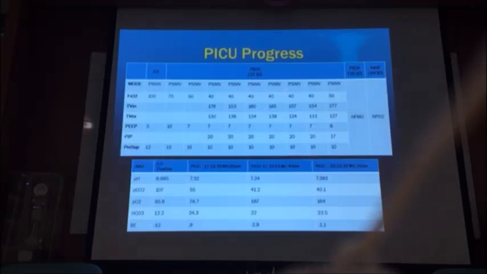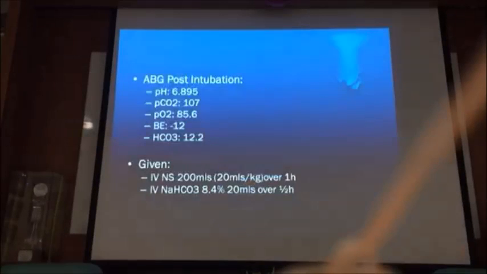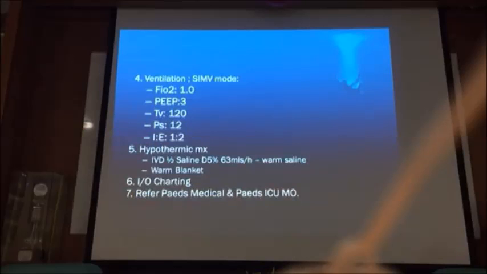You give high PEEP in this patient, due to the atelectasis. Then FiO2 high, and you must also increase the ventilation rate. Let's go to the ventilation mode. Yes, Ibrahim. Increase the PEEP, it is too low.